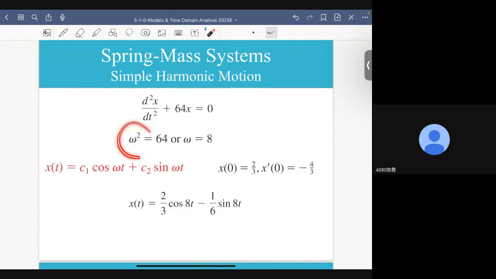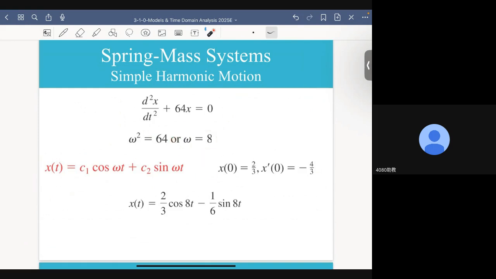Here, the system has a natural frequency of 8, all right? And it can be shown in the course of engineering mathematics, we were told that its solution can be represented as a linear combination of sine and cosine, where omega here is, of course, the natural frequency of the system.